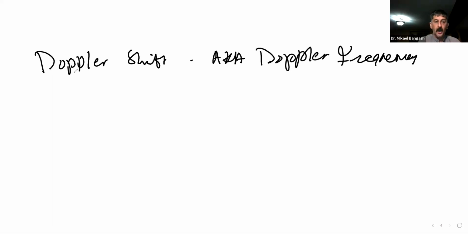But what is it that this Doppler shift or Doppler frequency is? That is just going to be the difference between the reflected frequency being subtracted from the transmitted frequency.